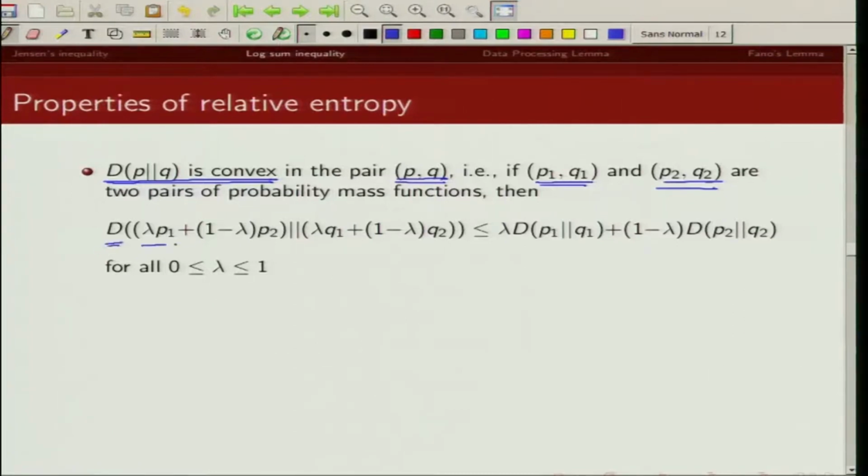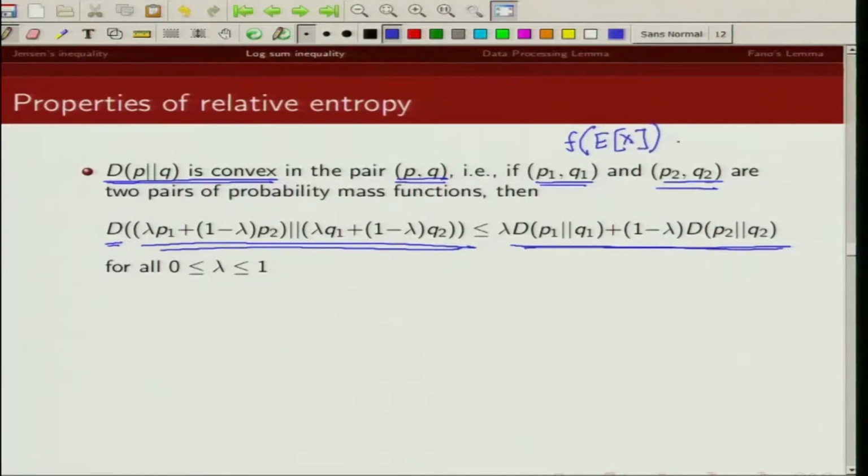function evaluated at x naught is less than or equal to expected value of the function. This is when the function is convex, right? We have just shown that function at expected value of x is less than or equal to expected value of function.